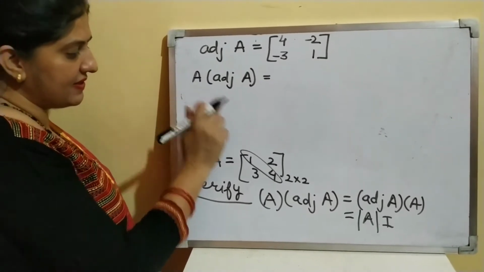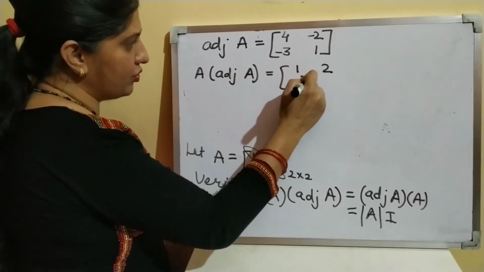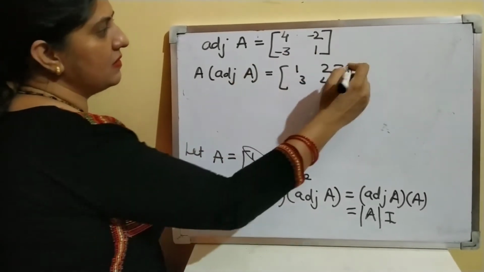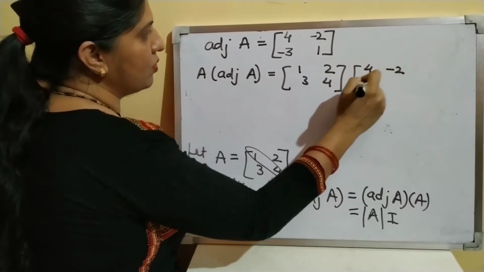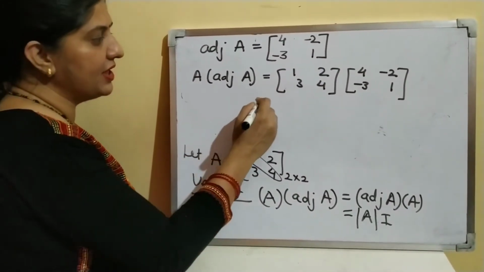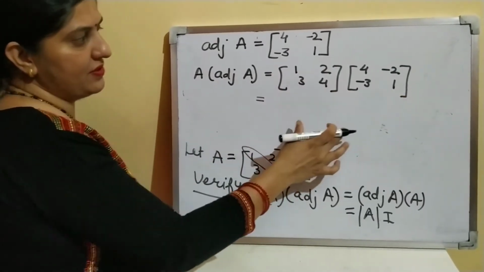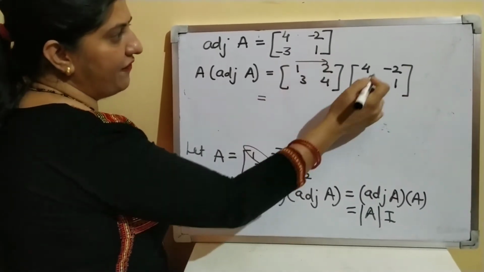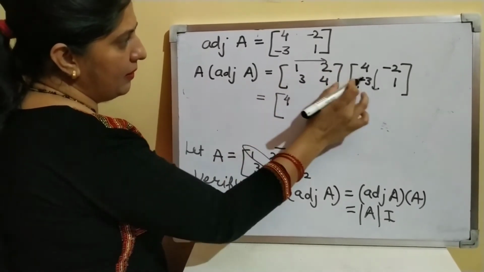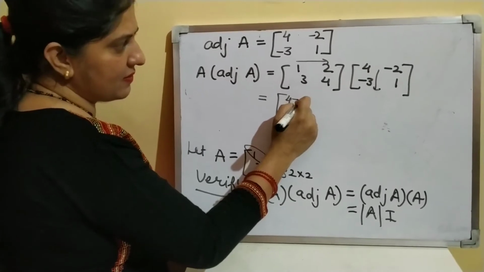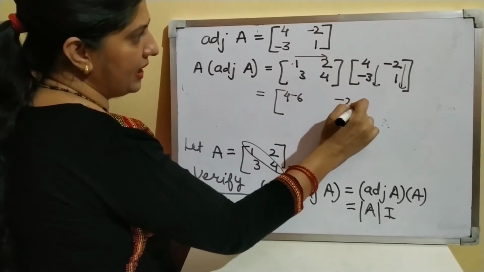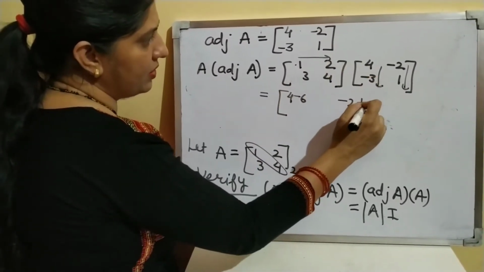Put the value of matrix A. Matrix A is 1, 2, 3, 4. Adjoint of the matrix A is 4, minus 2, minus 3, 1. Just multiply these two matrices. Multiply first row with first column. 1 into 4, 4, minus 3 into 2, so 6. First row with second column. 1 into minus 2, minus 2 plus 2 into 1, 2.